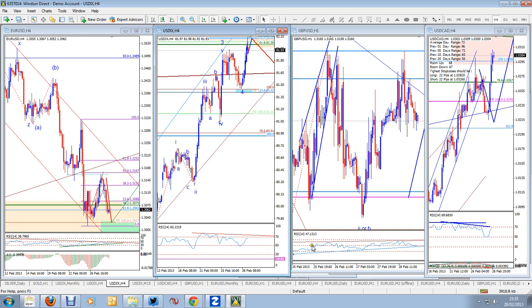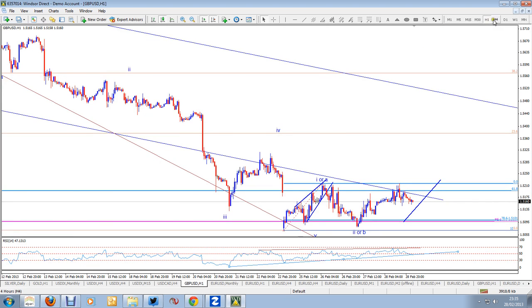We're going to look at, for example, a pound pair, pound dollar.